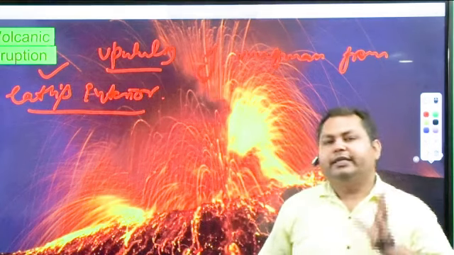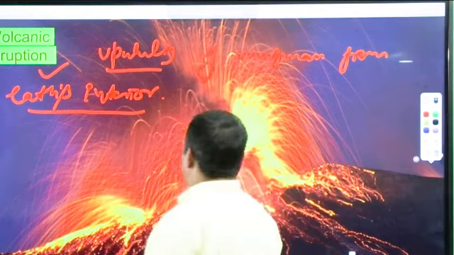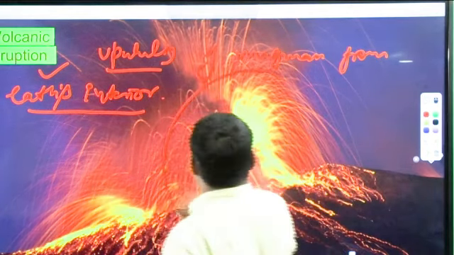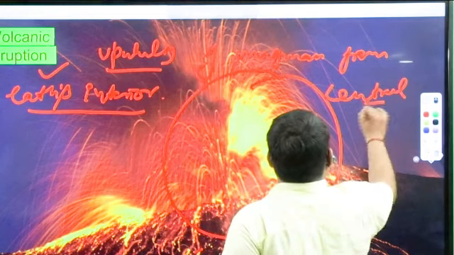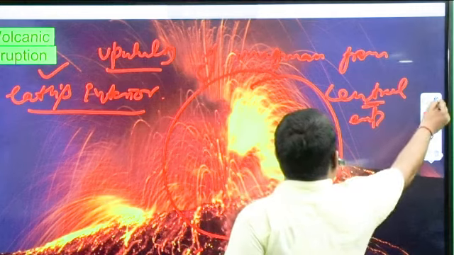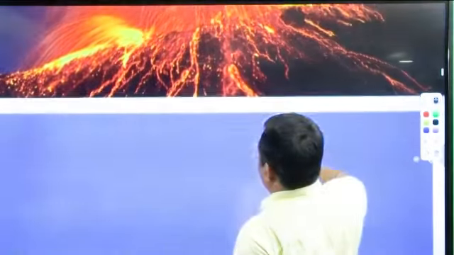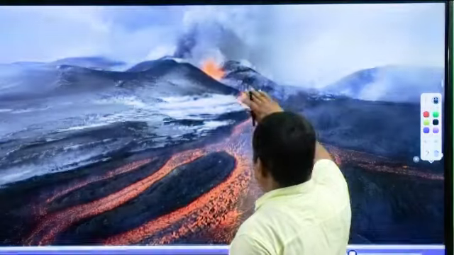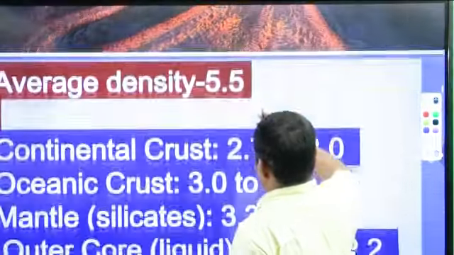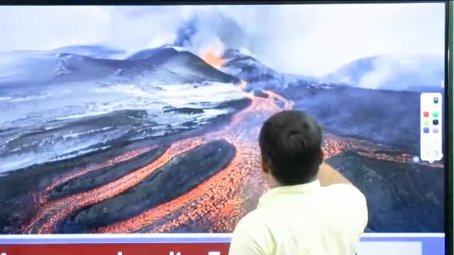There are basically two types of volcanic eruptions. One is the central eruption, what you can see in this diagram. And the second is the fissure eruption, right?